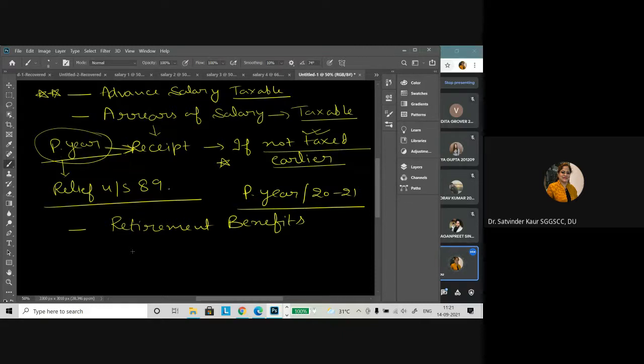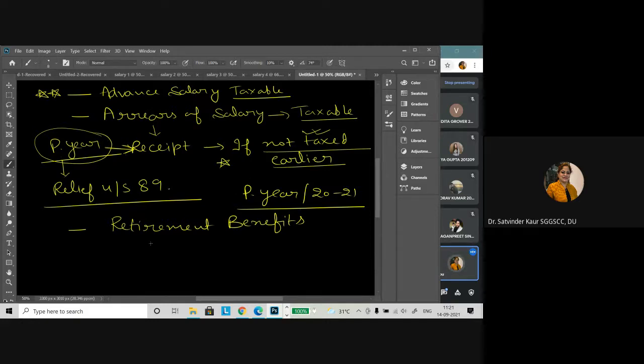Some portion of these benefits is exempt under section 10. So in the exempted incomes also we have discussed that whenever we discuss the salary head, at that time we are going to discuss these exempted amounts, partially exempted income.